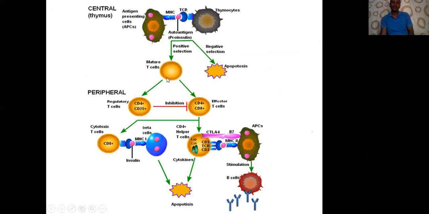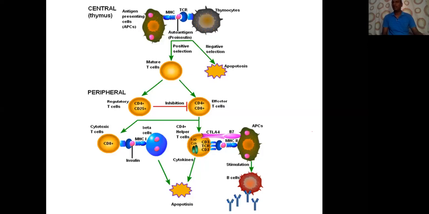And now coming to autoimmune disease. Type 1 diabetes is an autoimmune disease, we know that. We know that the beta cells of the islets of Langerhans in the pancreas produce insulin.